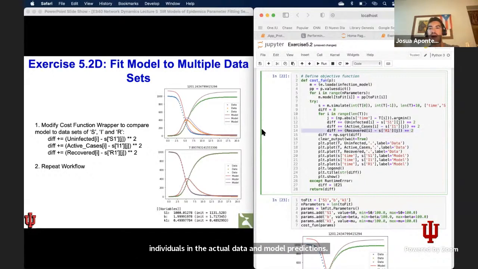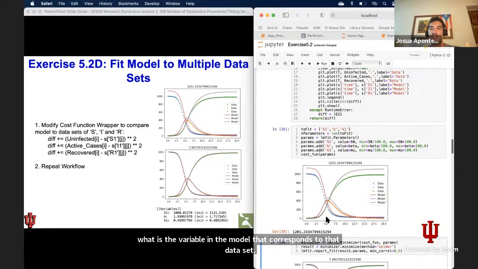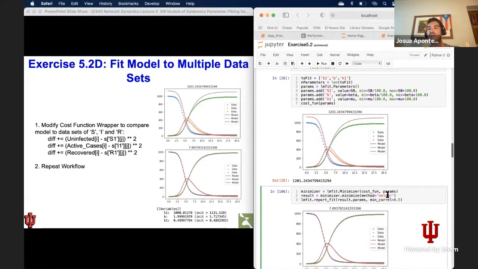We just have to add each line of code by specifying the data set that we want to compare and the variable in the model that corresponds to that data set. And then, even though we estimated the parameters for the active cases data, we infer the dynamics of the whole system because we have inferred all of the parameters of the model.